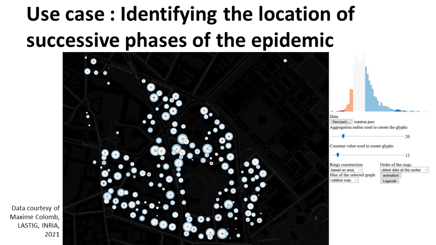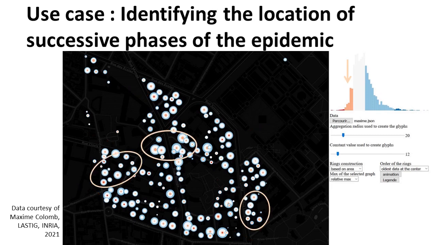Here, for example, the user could first look for the glyphs presenting a dark red color in order to identify where the first outbreaks of the epidemic are, and then look for glyphs presenting an orange color in order to identify where the epidemic is spreading just after these first outbreaks.